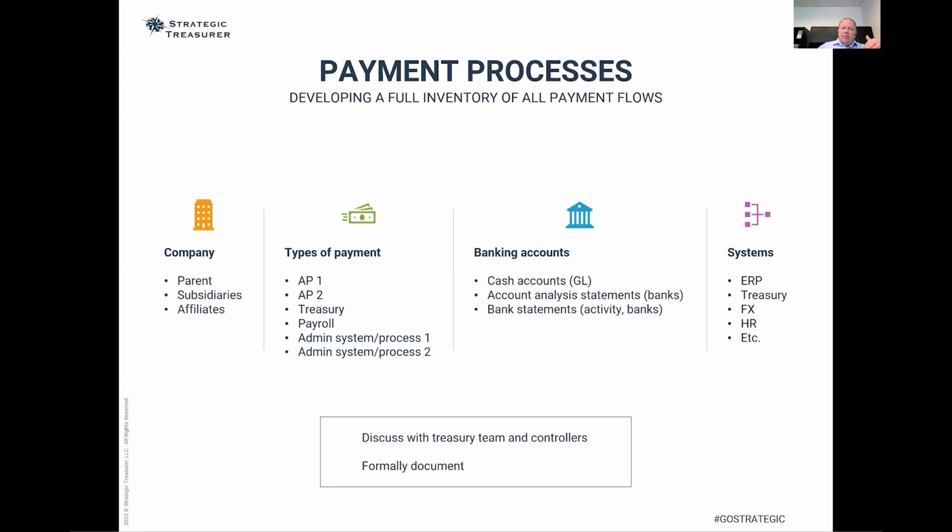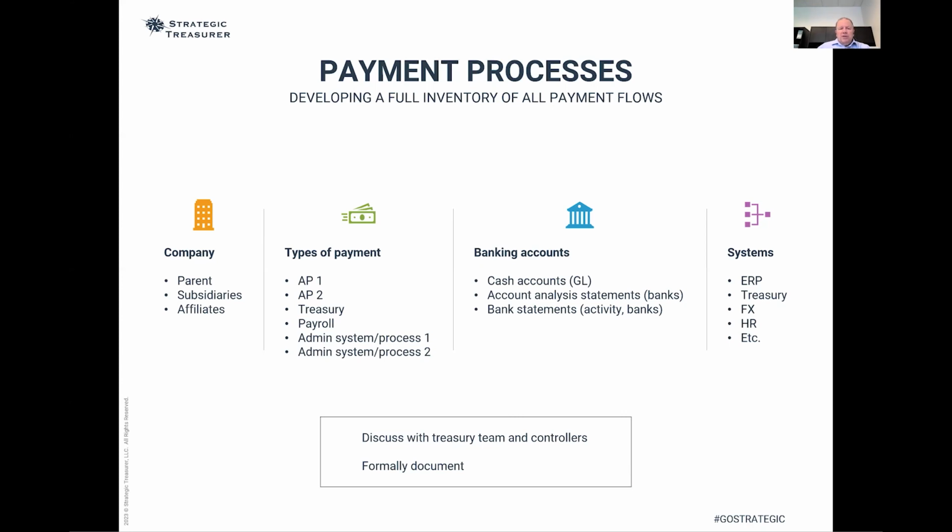So what do we mean by all the payment flows? It would be: what systems are these payments being originated from? Out of what entities? Running through which bank accounts? As you look across these four domains, from the different entity structure on the far left, to types of payments, to payment methods, we need to put payment methods like low value payments and high value payments.